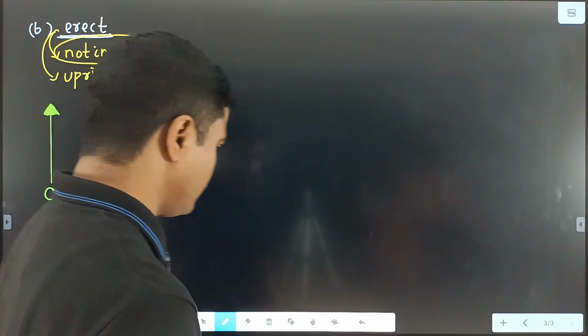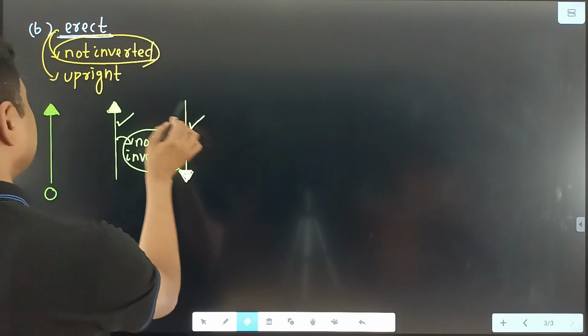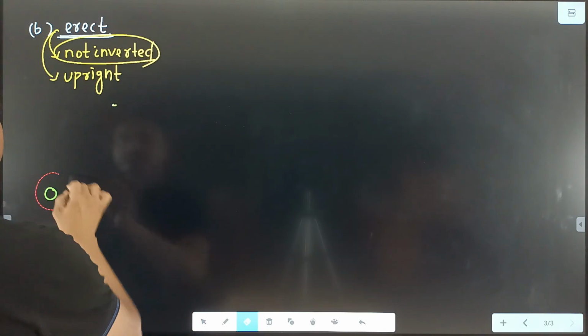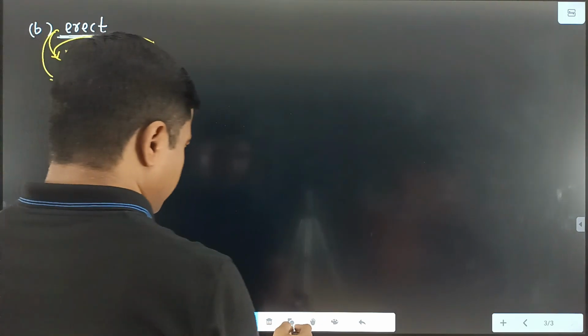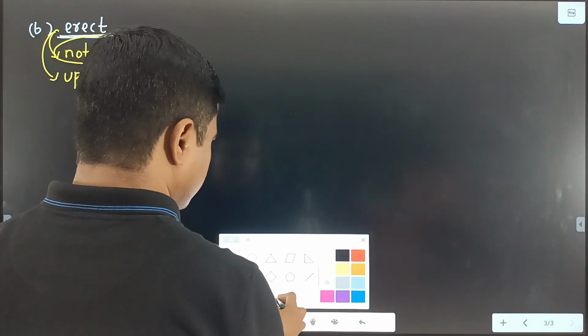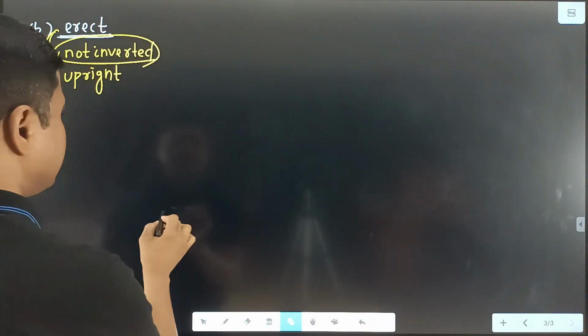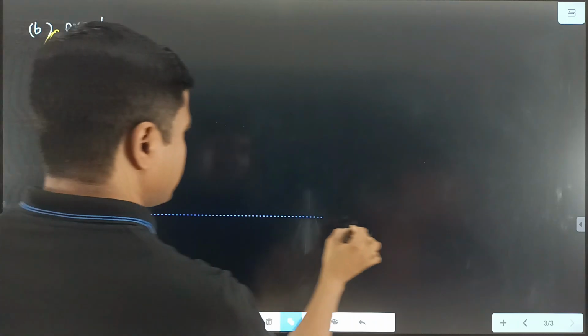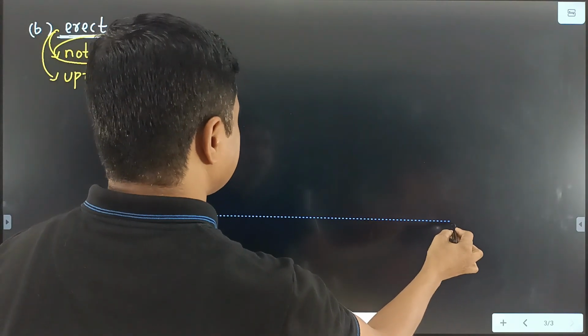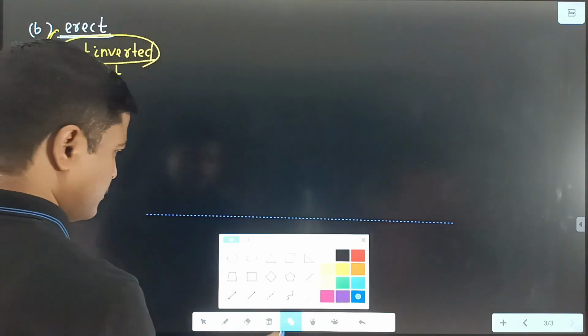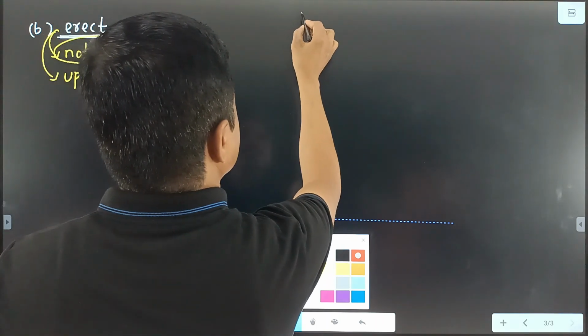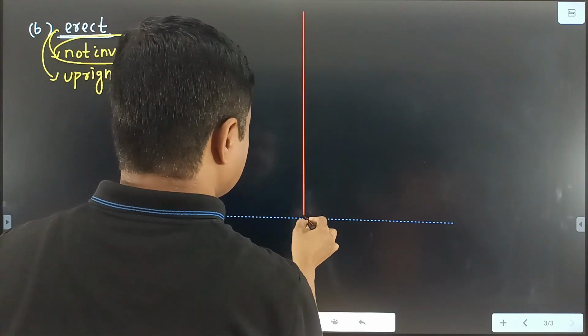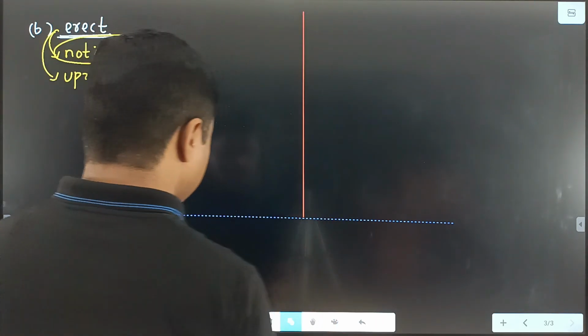And here also we draw a figure. Suppose this one is the surface, and this is a plane mirror, perpendicular to the surface.